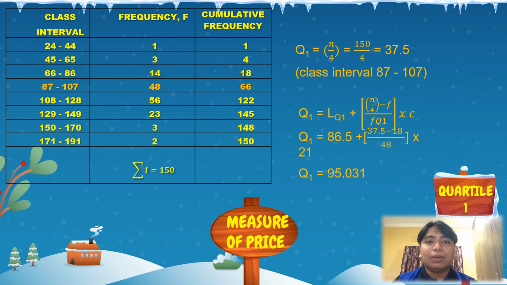The class interval we take is 87 until 107, and the formula to calculate the value of quartile 1 is 86.5 plus in bracket 37.5 minus 18 divided with 48 multiply 21, and the answer we will get is 95.031, and this is the value of quartile 1.